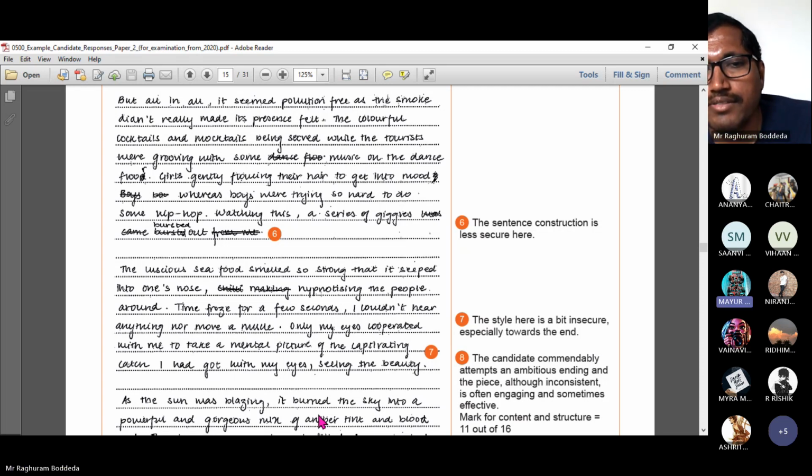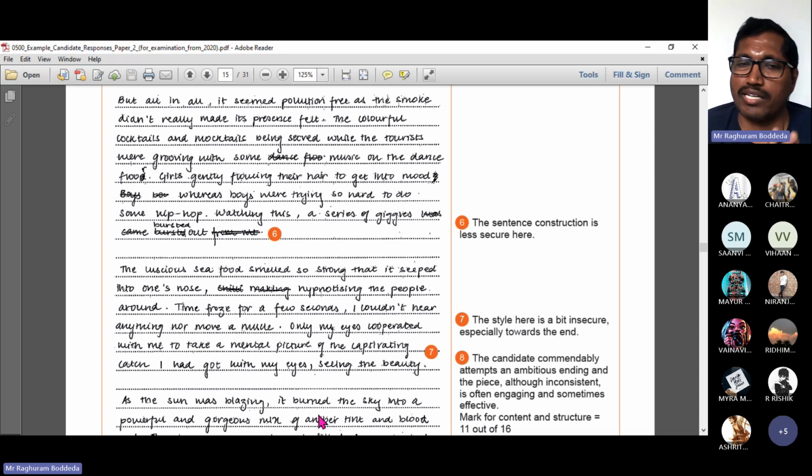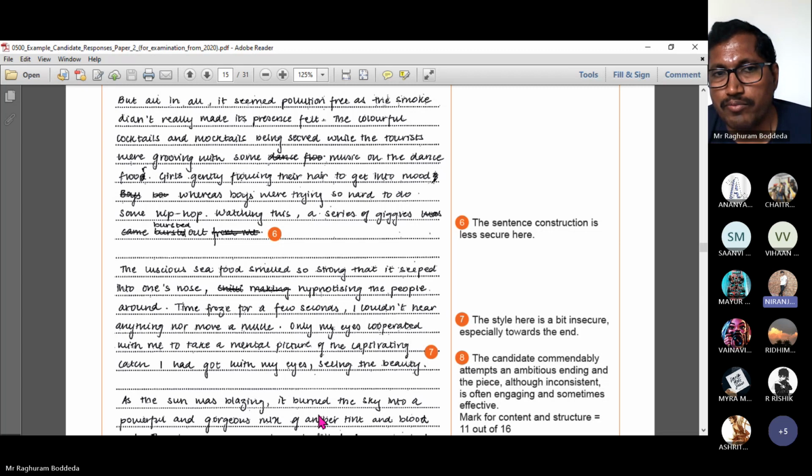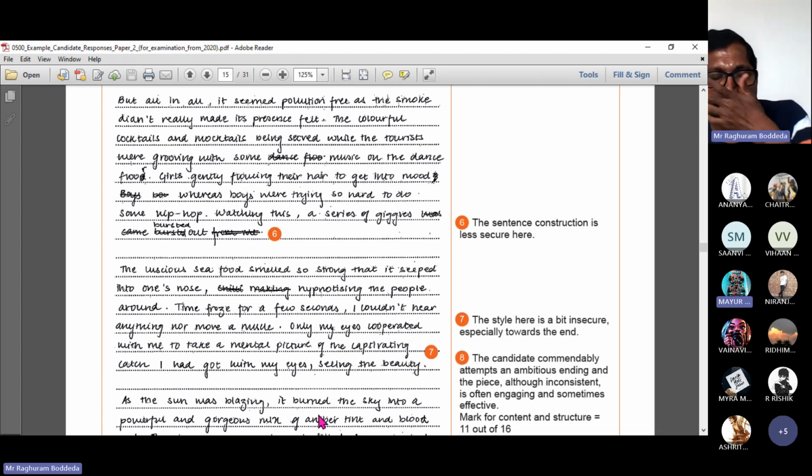Yes, there was a sudden shift in the topic, and it happened in the previous paragraph also. So far they discussed the landscape, the beach, the sand, the smoke, the village. Till the previous one it was talking about the landscape, but now it's talking about the people in the place.